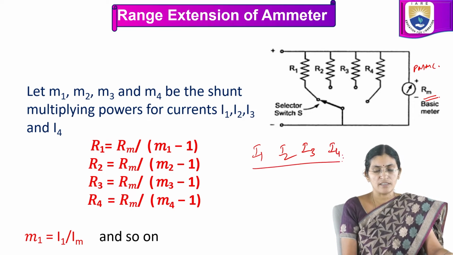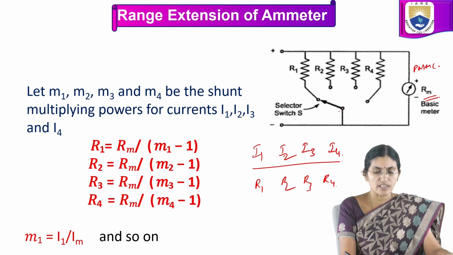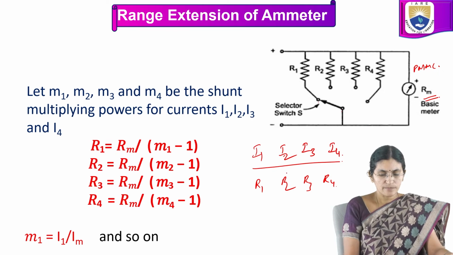So 4 different currents need to be measured. In that case, what we have done is we have inserted shunt resistances R1, R2, R3 and R4 in parallel with the PMMC instrument, and there is a selector switch connected here, which can connect any one of the resistances according to the requirement of the user.